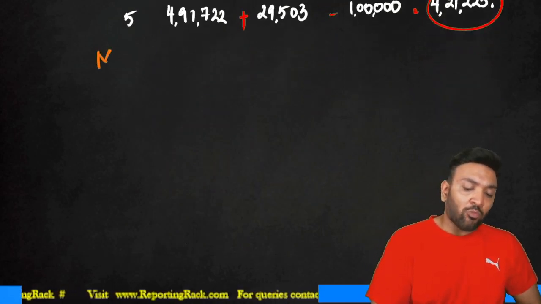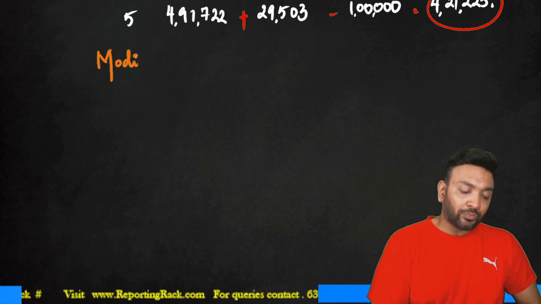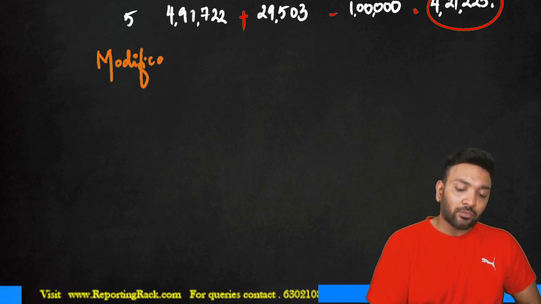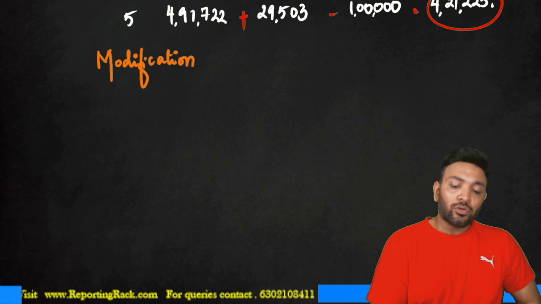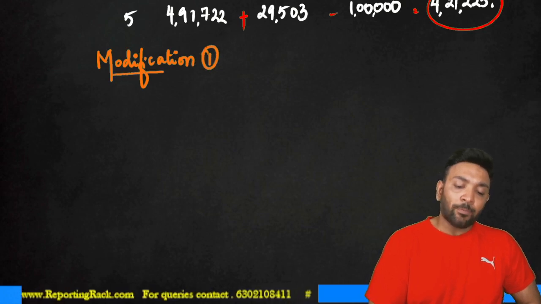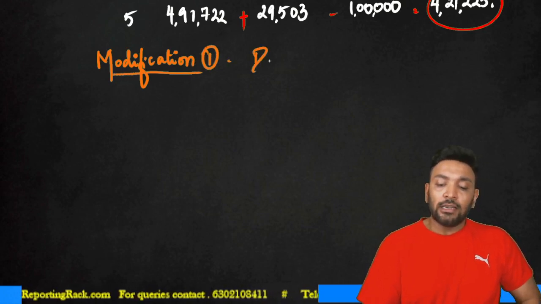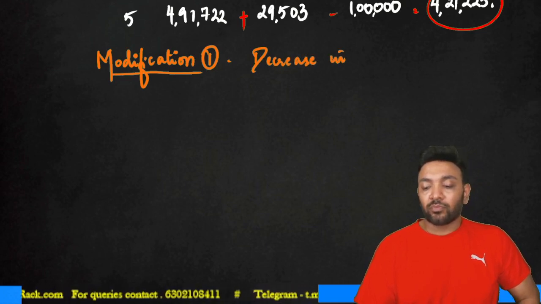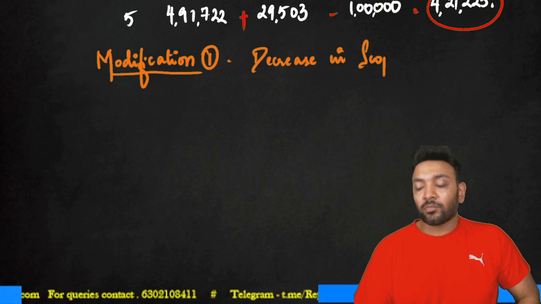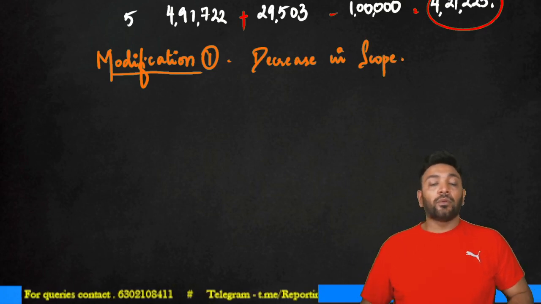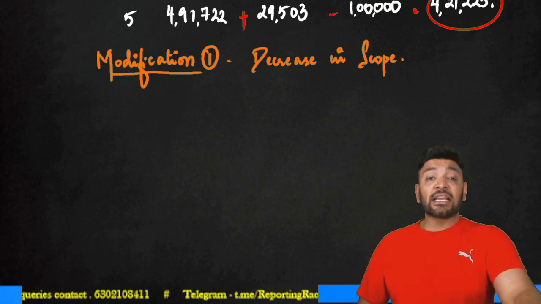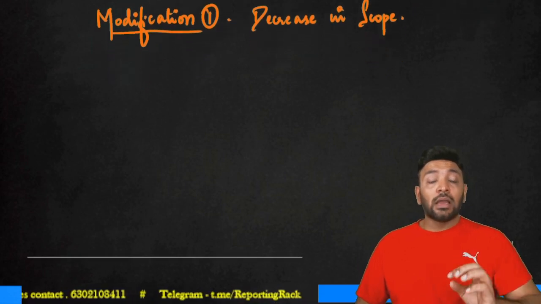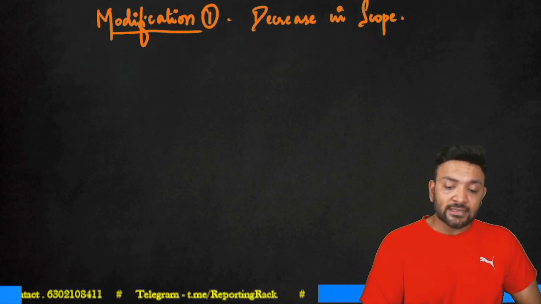First, I am talking about modification number 1. Decrease in scope. When I talk about this decrease in scope, I'll have to record an entry like this.